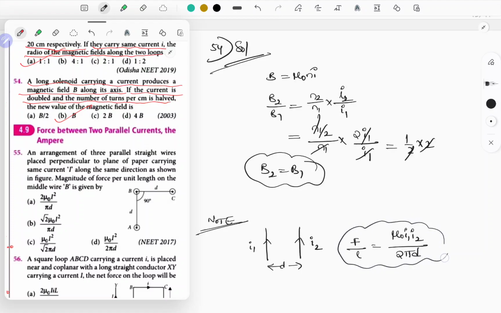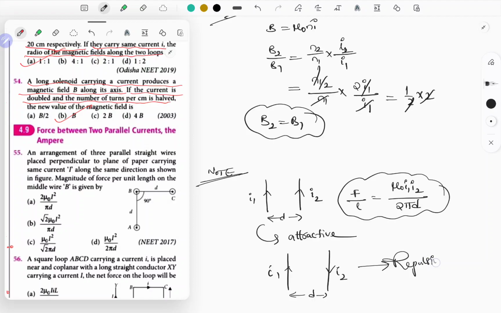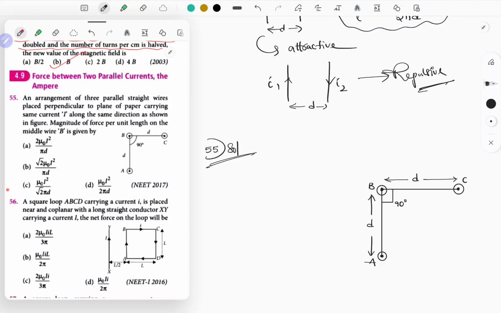And one more point I would like to mention, if currents are in the same direction, force is attractive. If currents are in the opposite direction, it's going to be repulsive. Remember this. Let's solve numericals based on this topic.